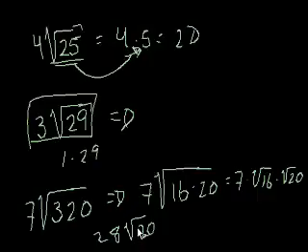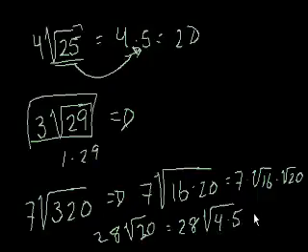Well, actually, I think I can factor 20 even more, because 20 is equal to 4 times 5. So I could say this is equal to 28 times the square root of 4 times 5. And the square root of 4 is 2, so I could just take the 2 out, and that becomes 56 times the square root of 5.